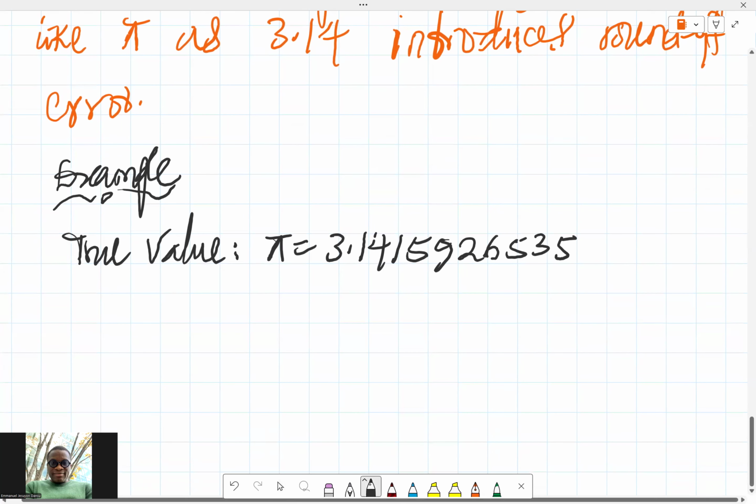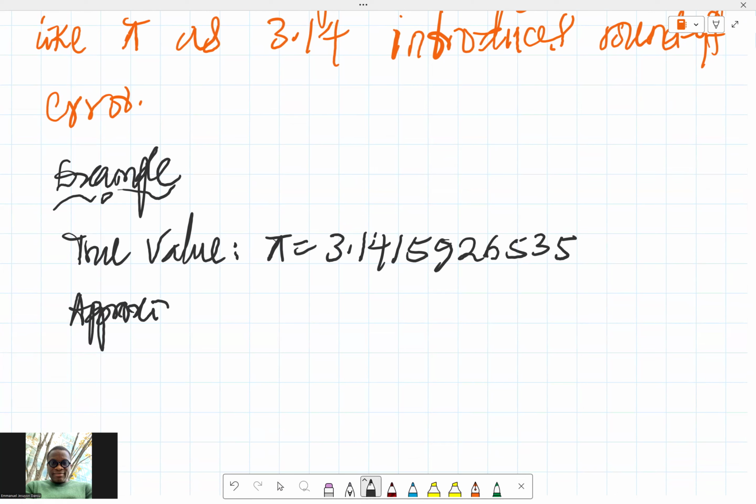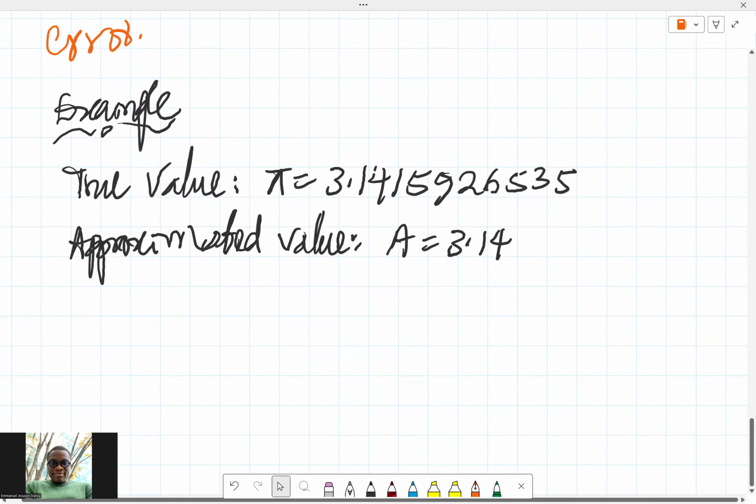We now say the approximated value, which we call A, is 3.14. That's what we have most times. So by doing this, we automatically have a kind of round-off error, because this is the true value and this is the approximate value. There's an error because we have cut off all the decimal places afterwards.